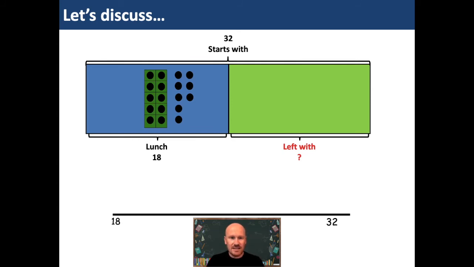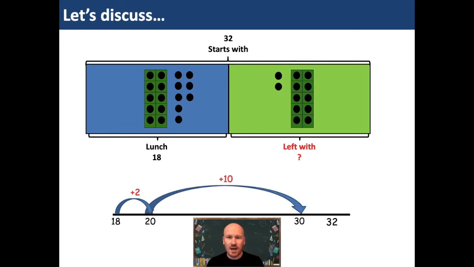So from 18, the first thing I might do is add on 2. Now the reason I'm adding on 2 is because that gets me up to a friendly number. It gets me up to 20. From here, I could add on 10. And because I'm at 20, that's really easy to add on. I'm now up at 30. Now, how many more do I need to add on in order to get to the whole amount of 32?